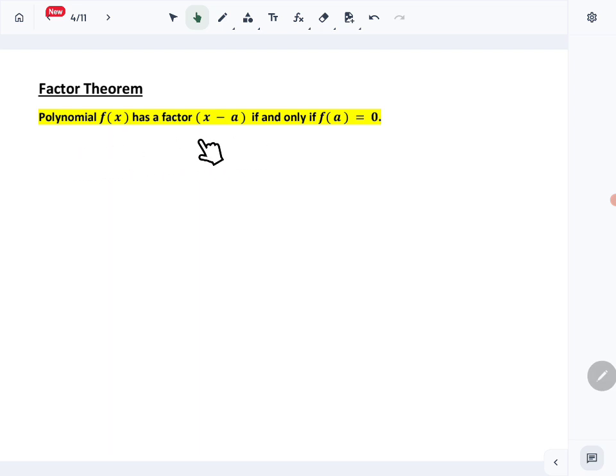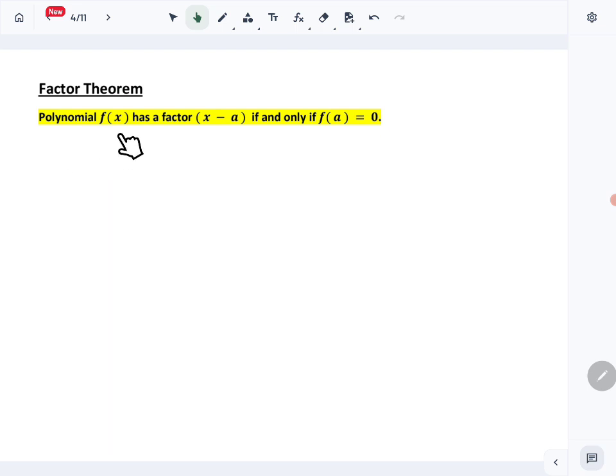Next important theorem in polynomials is the factor theorem. So let's read the factor theorem. Proof of this is also required, so you should know how to do this also. We start with a polynomial f(x), which has a factor x minus a if and only if f of a equals 0.